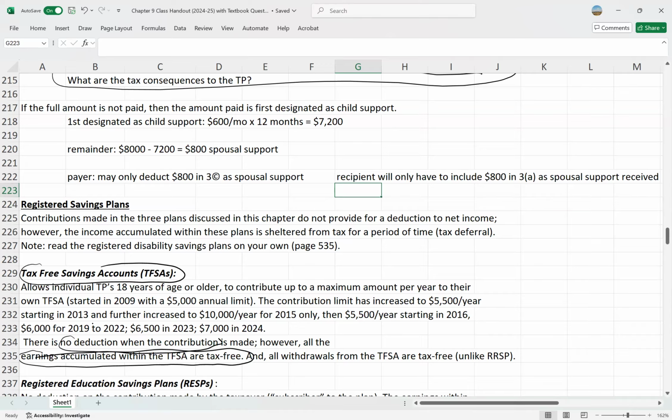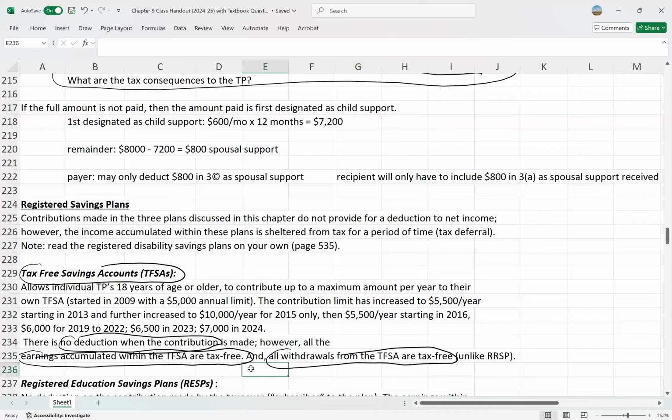So when you put money into a tax-free savings account, you do not get a 3C deduction, unlike an RRSP where you get that 3C deduction. But if you put money in and invest it into exchange traded funds, or some term deposits, all those earnings will accumulate tax-free. And when you take money out of a tax-free savings account, that is tax-free as well.